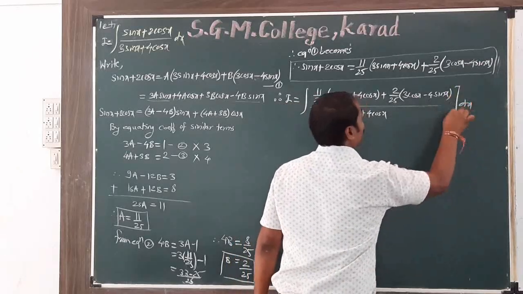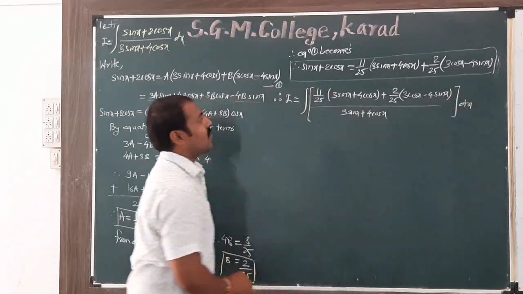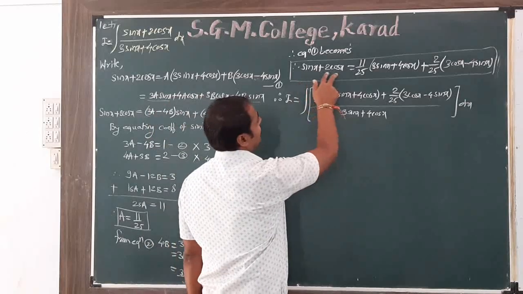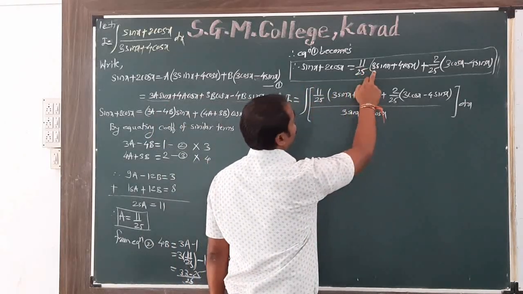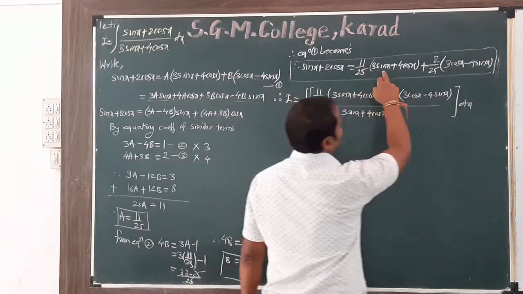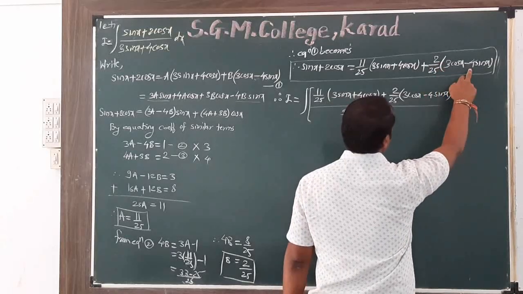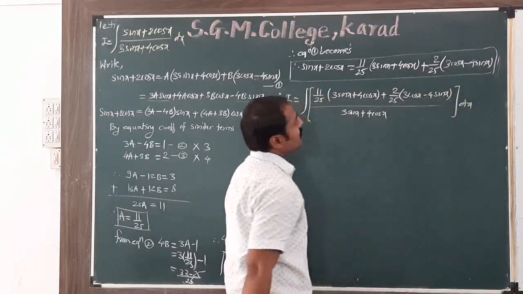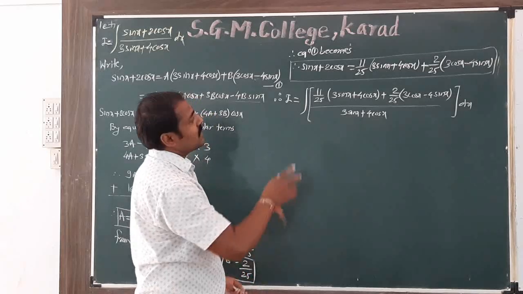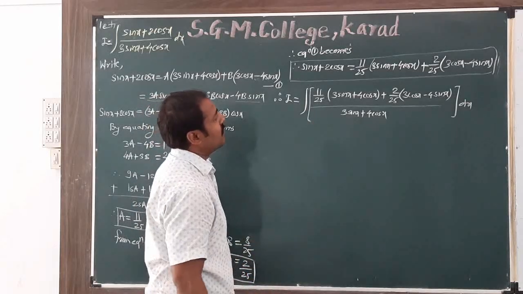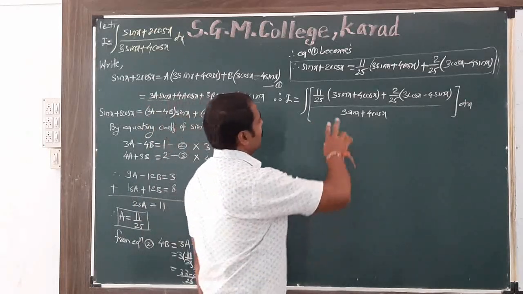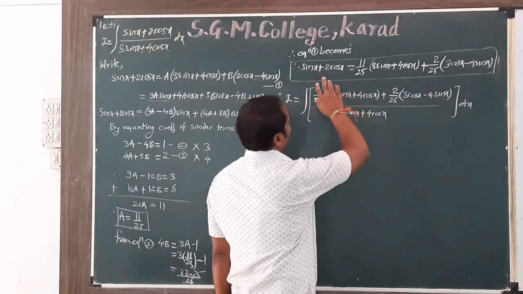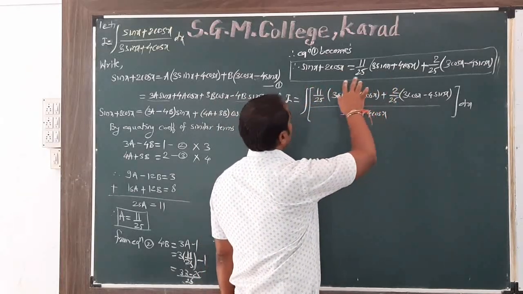Okay, first check the values are correct or not. Here LHS is sin x plus 2 cos x. 11 into 3 is 33 sin x, 33 sin x minus 4 into 2 is 8 sin x. 33 minus 8 is 25. 25 divided by 25, it's sin x. Okay, values of a is correct, also b is correct.